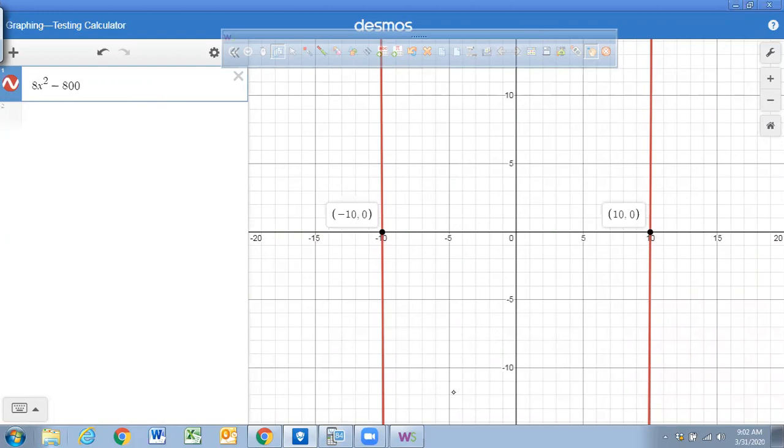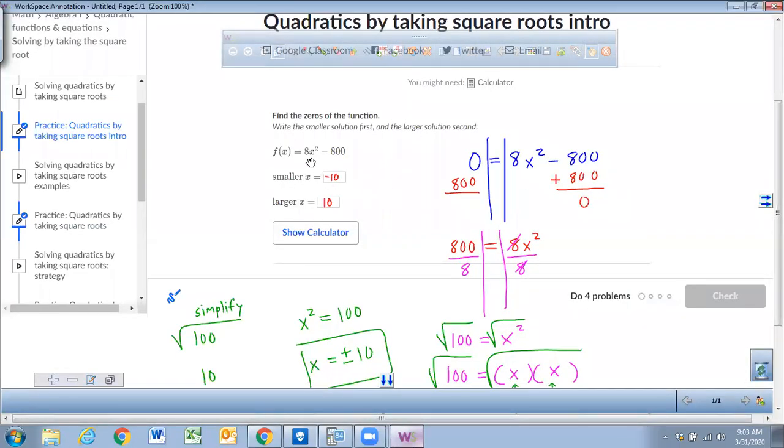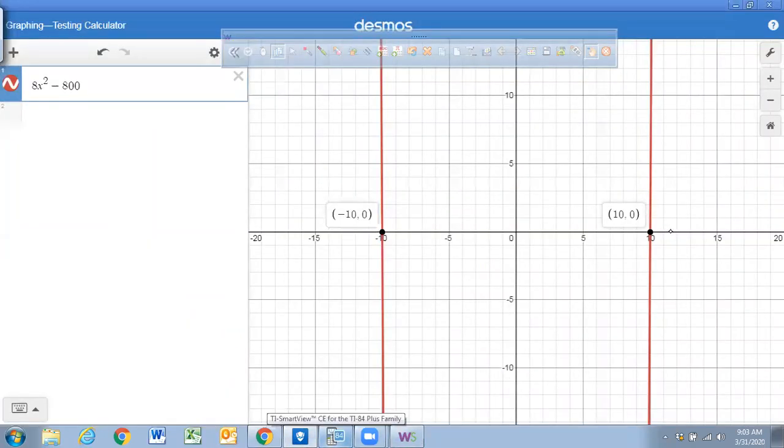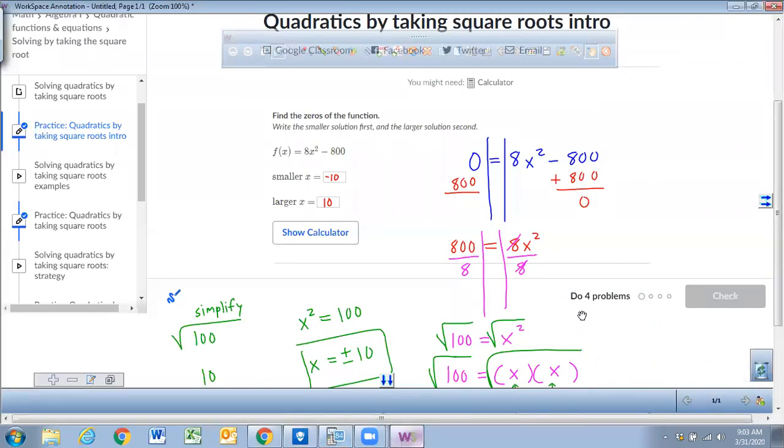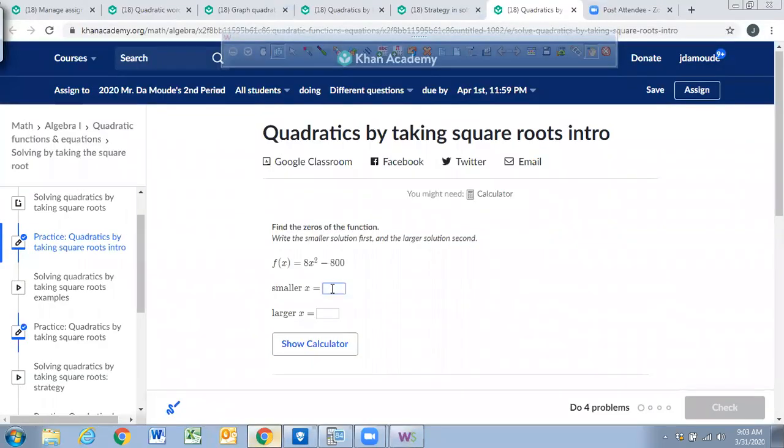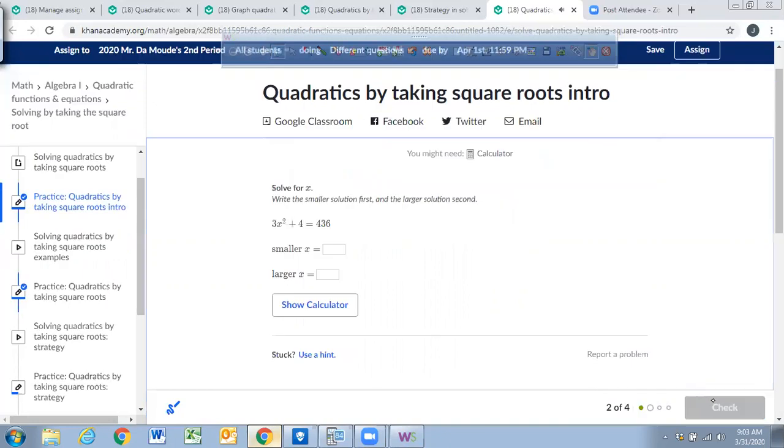I know you guys are laughing like, oh great, I don't have to do any work. But what I'd like you to do is at least try to do things by hand and then use Desmos as a way to check to see if you got the right answers instead of just making Desmos do everything for you, okay? So I'm going to type in a negative 10, type in a positive 10. There we go, all right?